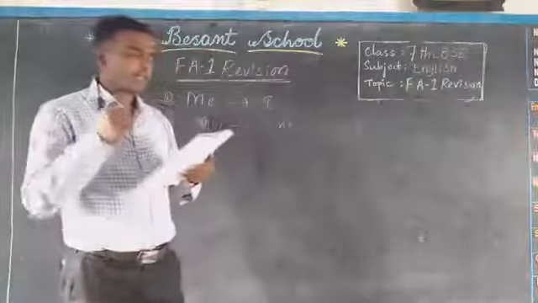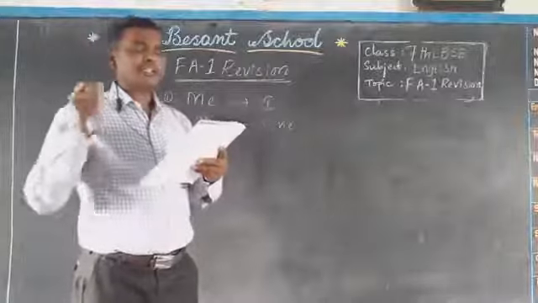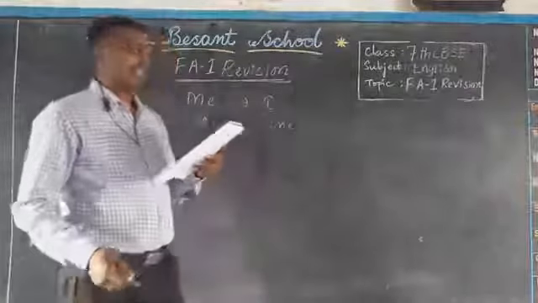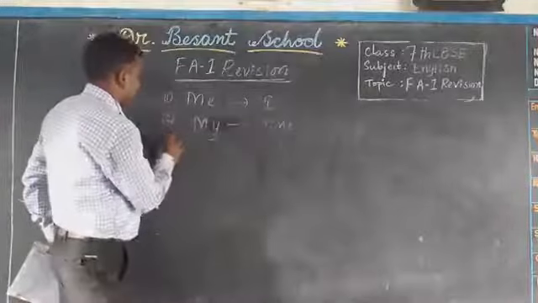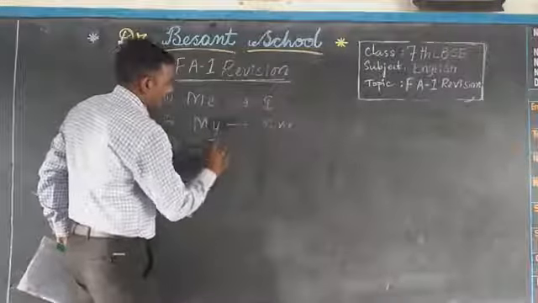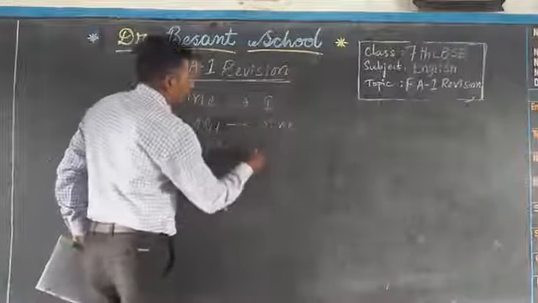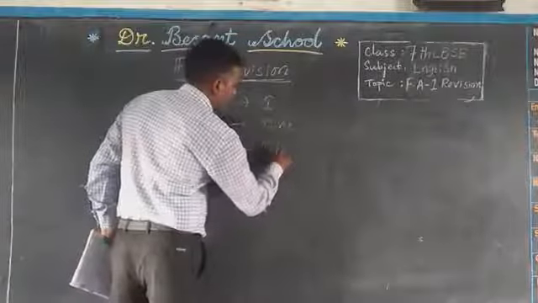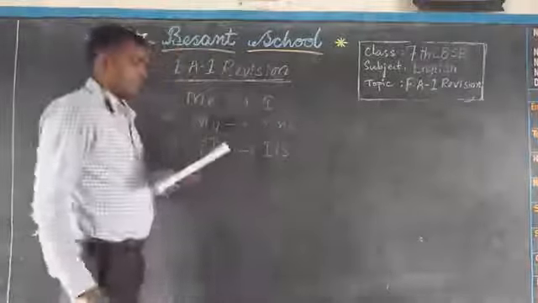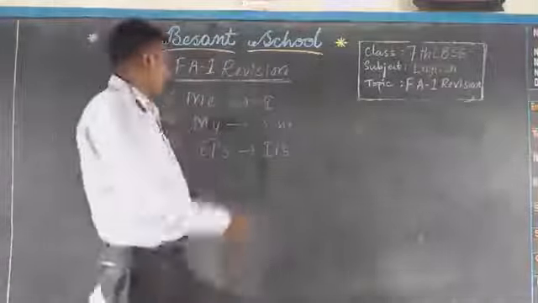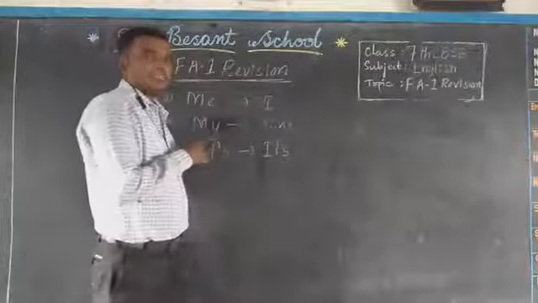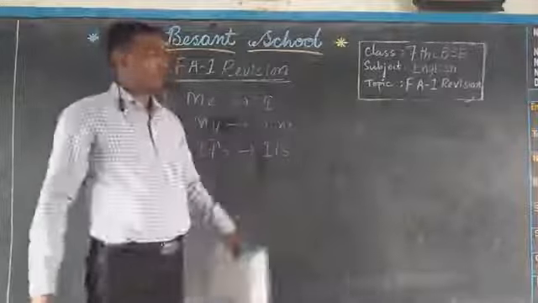Third one. The dog recognizes it red color. It is wrong. So here you have to write its red color. See, here it is a possessive pronoun. It should be written like this.